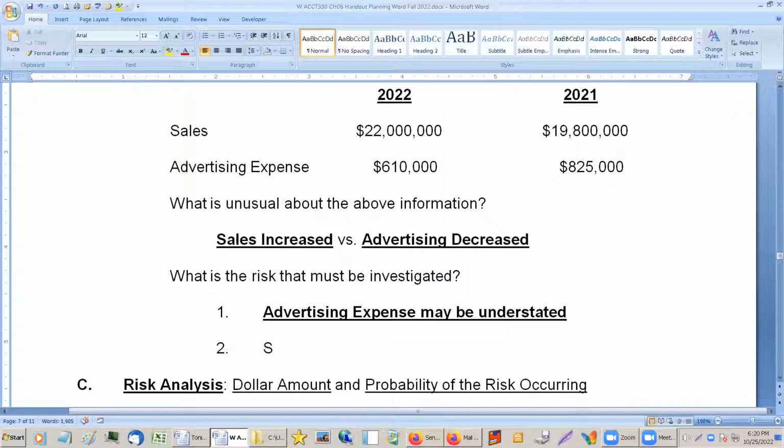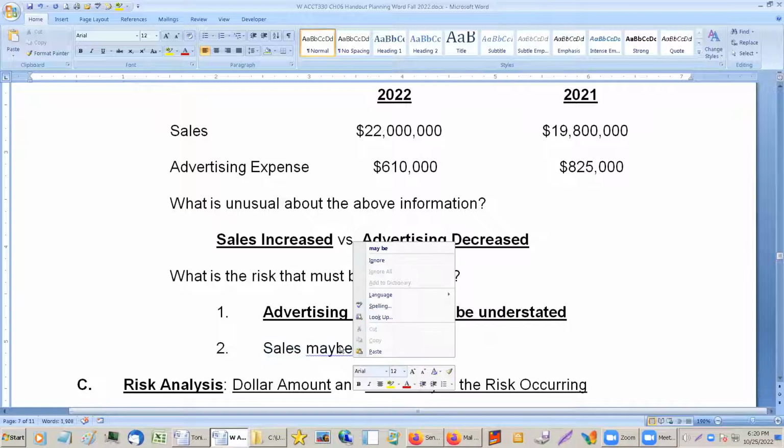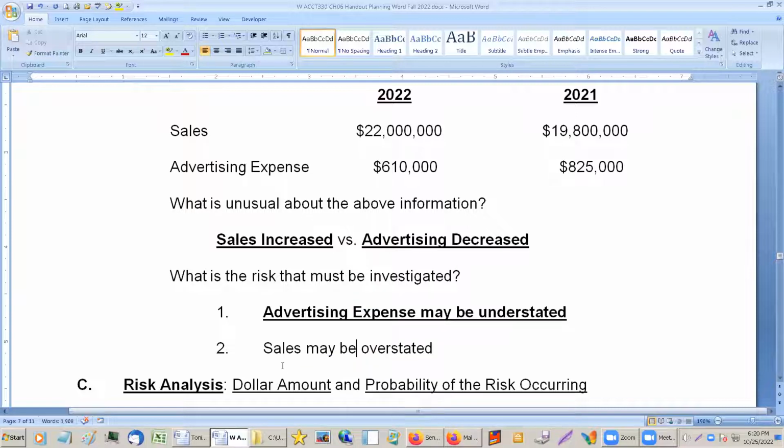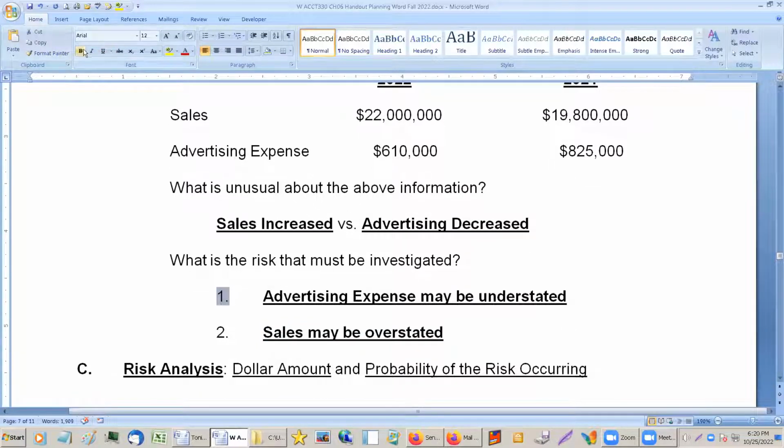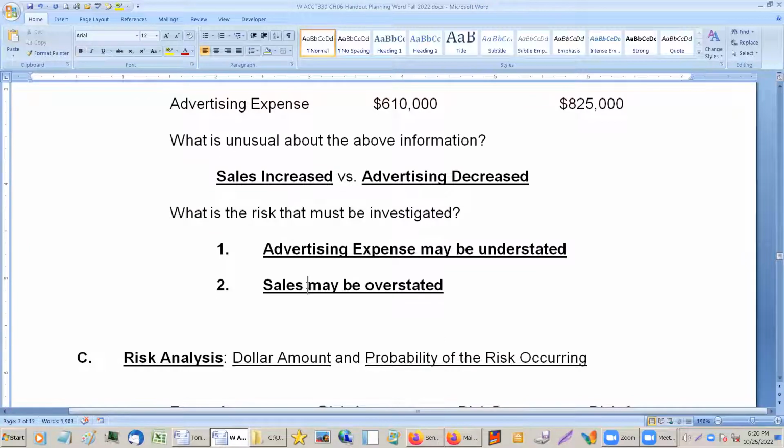So it could be that sales are overstated.